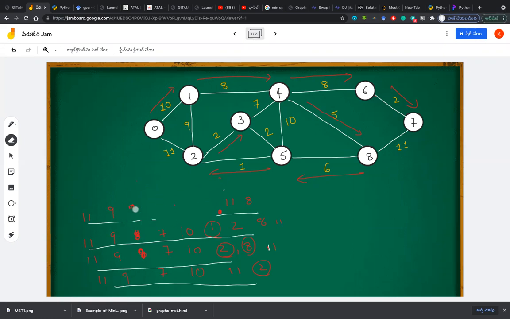So what I will do is write down the edges that are possible so that you can clearly understand what edge we have to select. It's all about edges, so there will be no confusion.